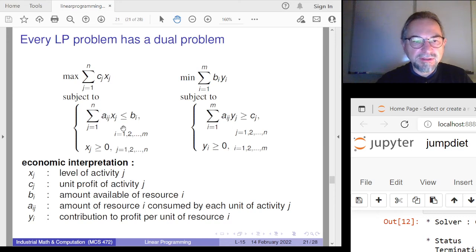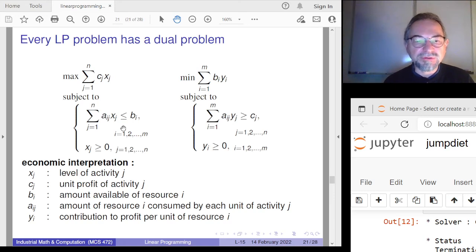So we can give this an economic interpretation. So we have the primal variables. So if we are planning a production, maximizing the profit, then the dual variables are indicating the contribution to profit for every unit that we are using.